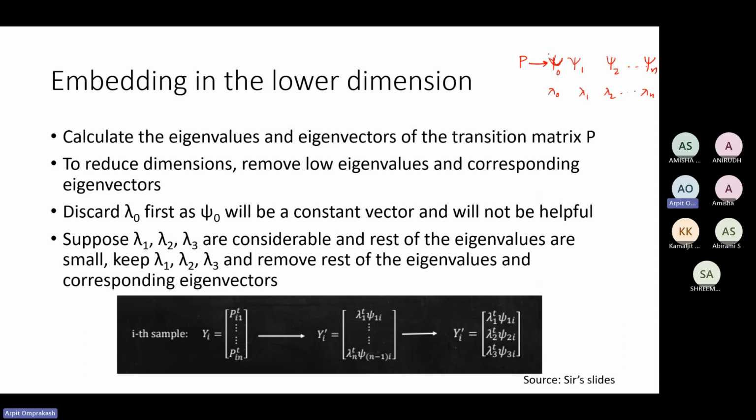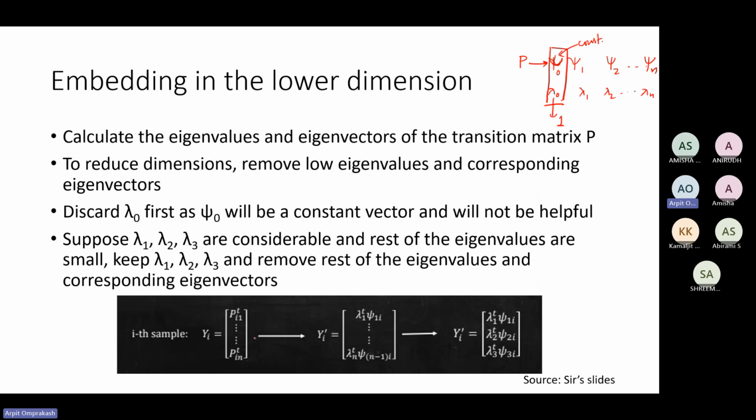We can discard the first one because lambda 0 will be equal to 1, and psi 0 is basically a constant vector, which is something we won't need. So we'll get rid of that.